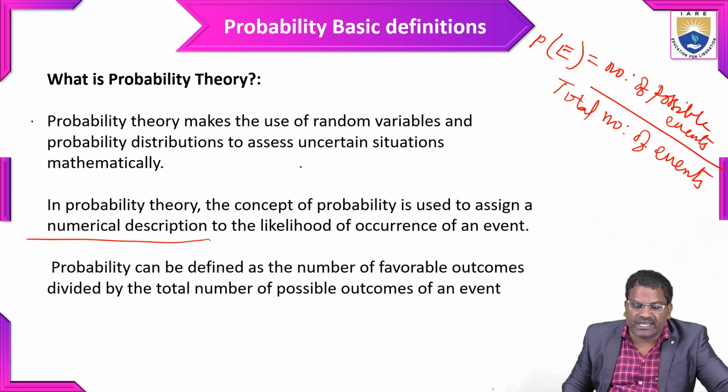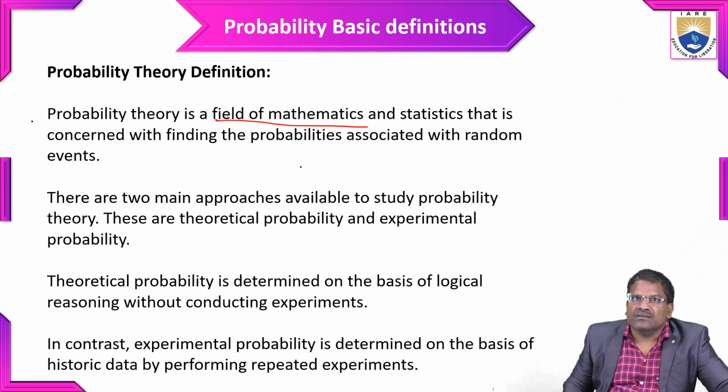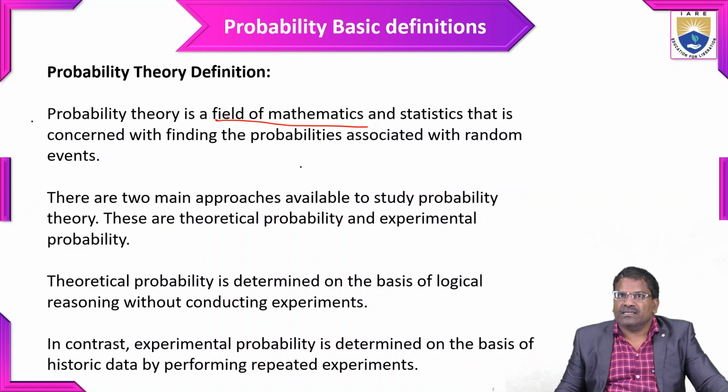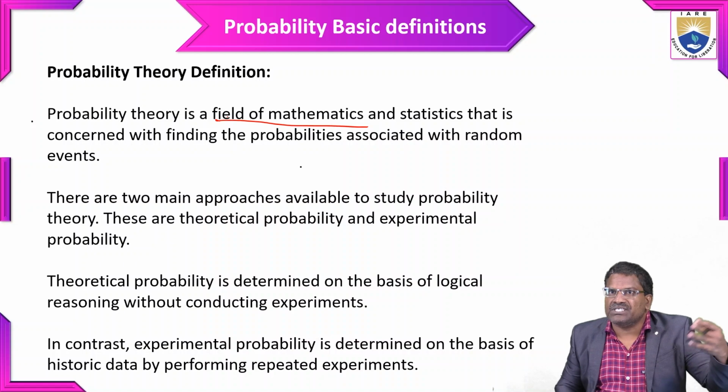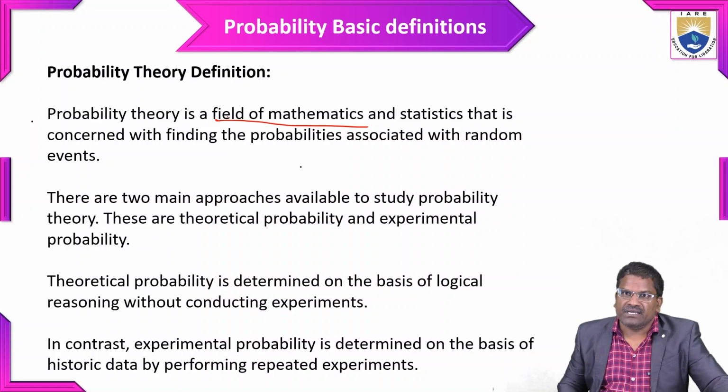It is mainly used to assign a numerical description to the likelihood of occurrence of an event. It is a field of mathematics and statistics concerned with finding the probabilities associated with random events.